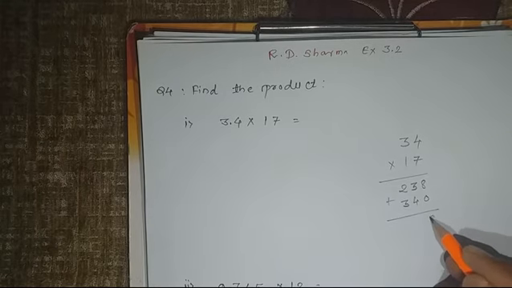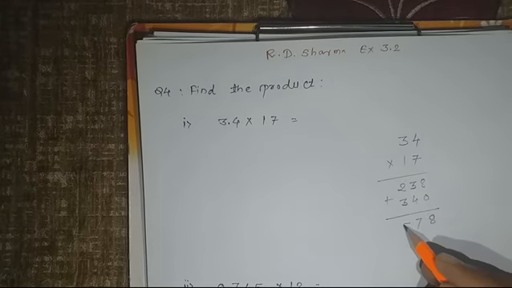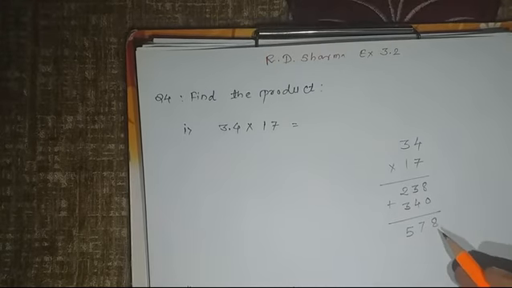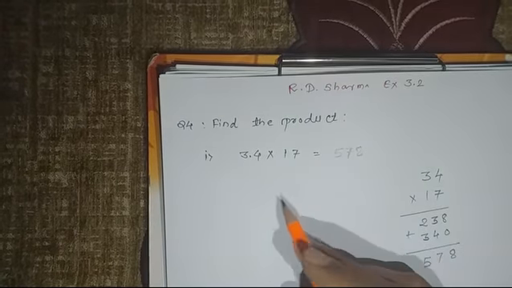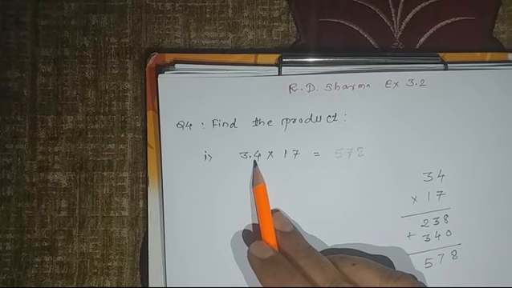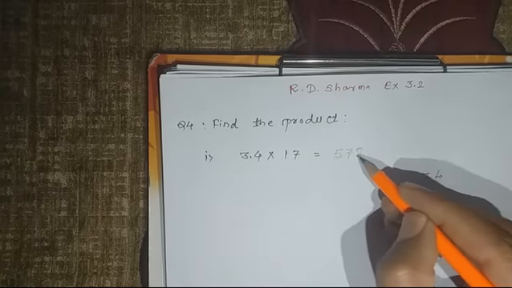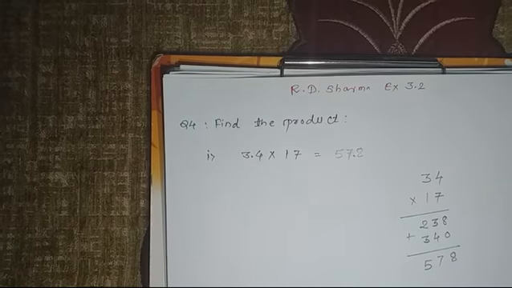So the product of these two numbers is 8, 4 plus 3 is 7, 3 plus 2 is 5. The product is 578. So I will write here the product as 578 and then as per the second rule, I will check how many decimal places are there in the given decimal number. Here is only one decimal place, so I will adjust the decimal point here. So the answer is 57.8.